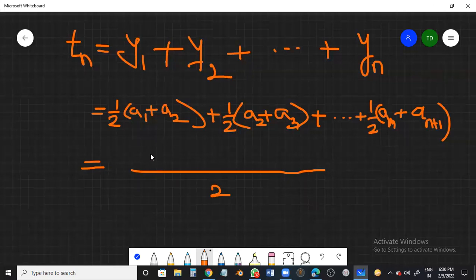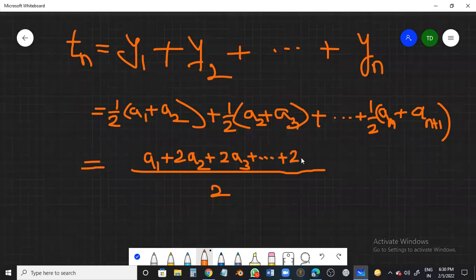And in the numerator, what came? a1, 2a2, 2a3, plus and so on, plus 2an, and an plus 1 is single. An plus 1 is the last term. Suppose you are getting this.